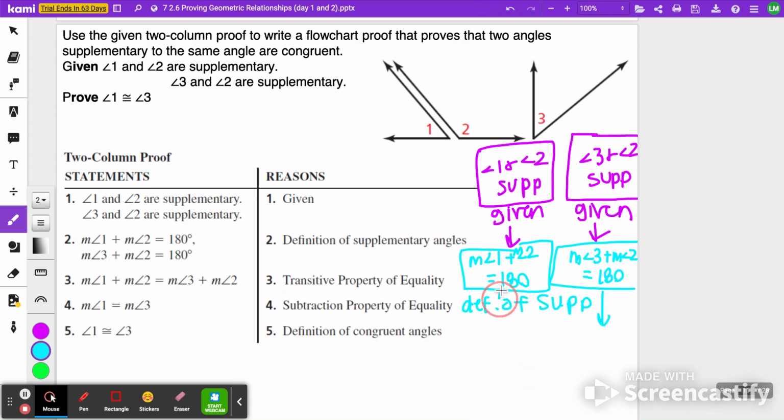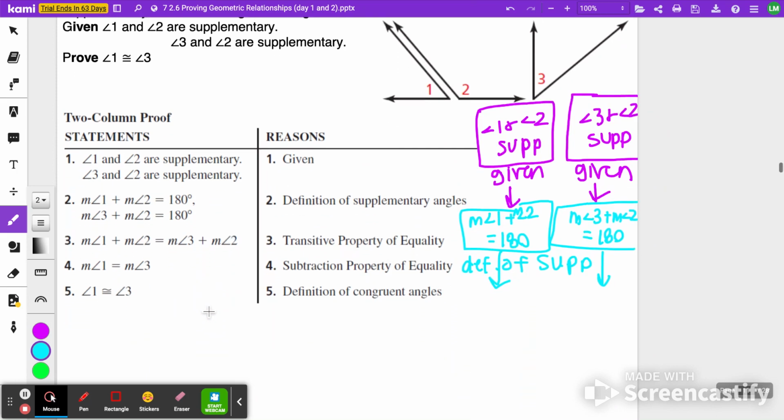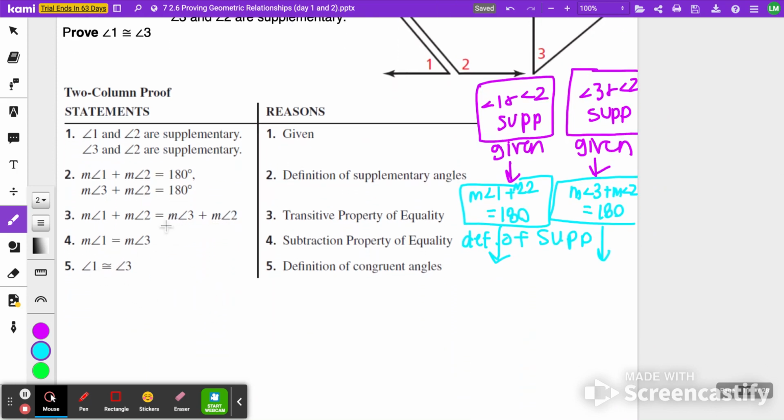Okay, continuing down the flowchart, we now can say, since we have both 2's on here, if we subtracted the measure of angle 2 from both sides, we can now say that the measure of angle 1 is now equal to the measure of angle 3. And the reason we know that is we use the subtraction property of equality.